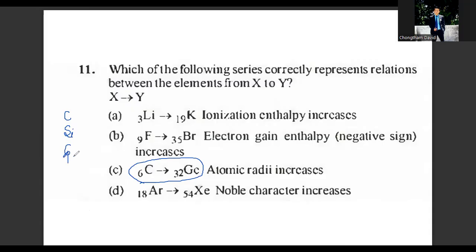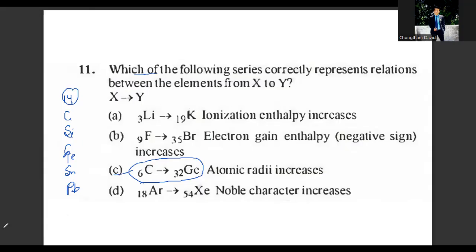How to remember these group 14 elements? Chemistry sir gave some problems. In that way, you can remember the entire modern periodic table. So which of the following series correctly represents the relation between the elements from X to Y? So C is the correct answer. Argon to general noble character increases. This is not the correct answer.